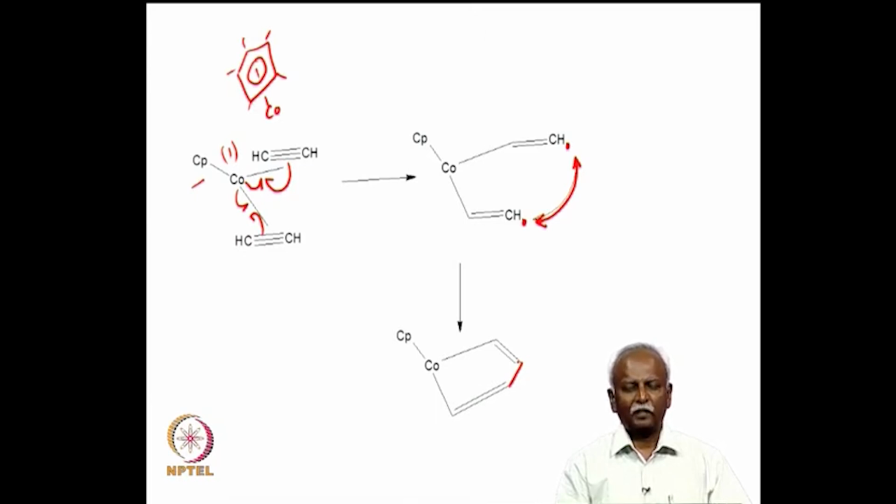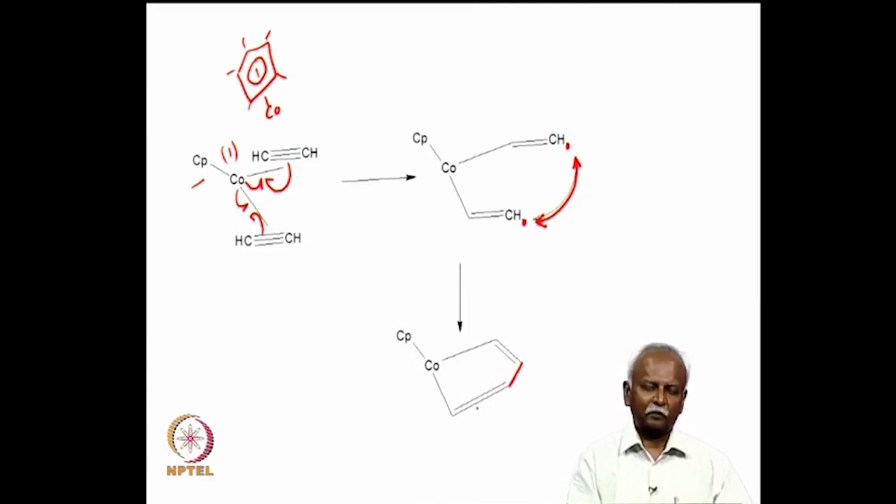So, metallocyclopentadiene can be formed by oxidative addition, which is indicated by these two half arrows on the cobalt coming out and forming a covalent bond with the acetylene, resulting in a vinyl radical. The two vinyl radicals combine to form a metallocyclopentadiene.